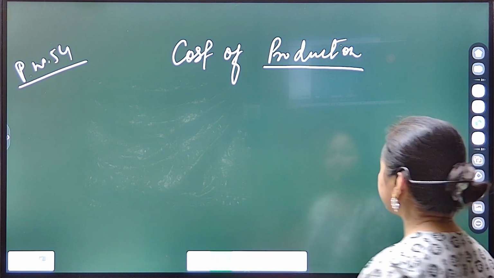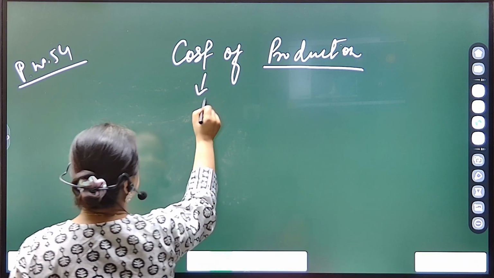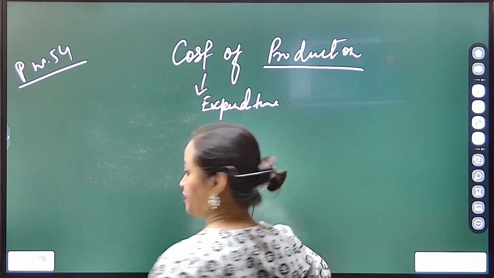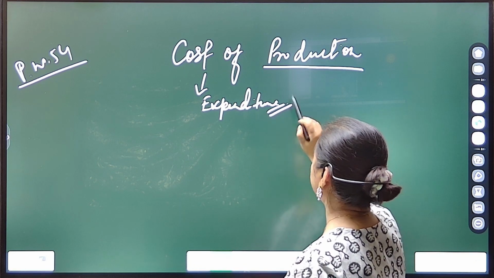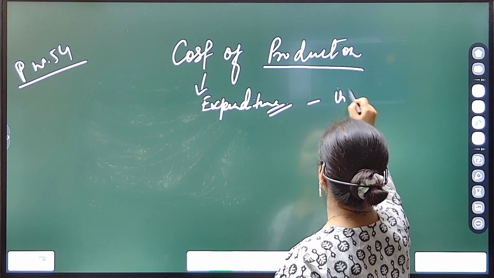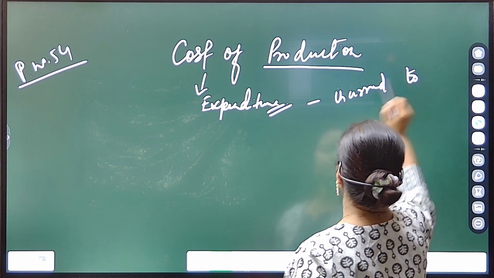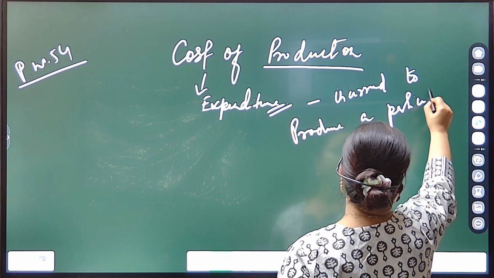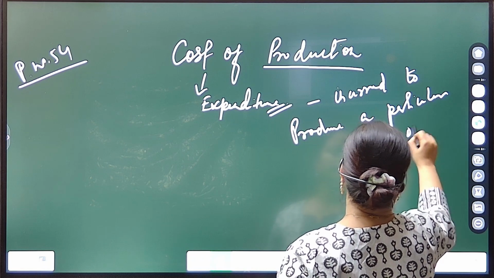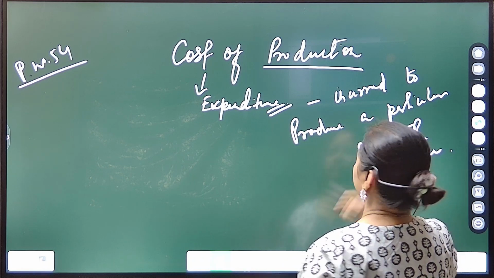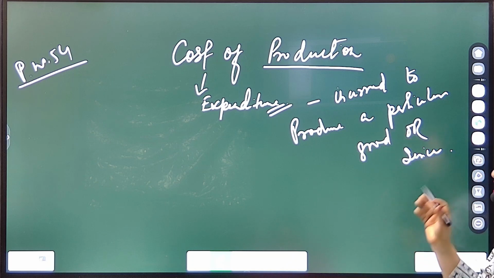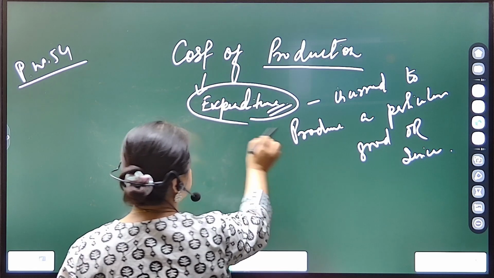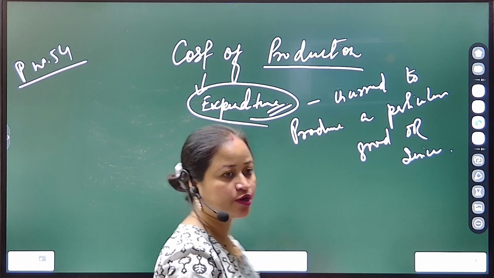Okay, so cost of production means here we are talking about the total expenditure which is incurred to produce a particular good or service.